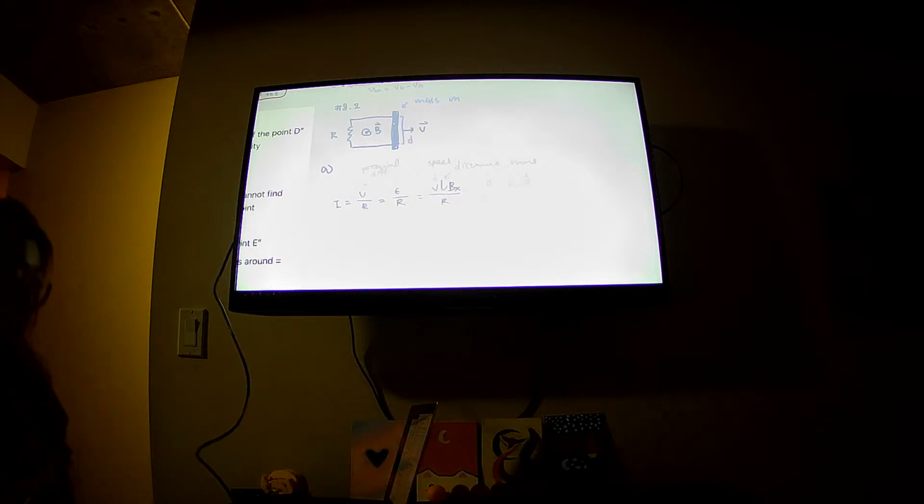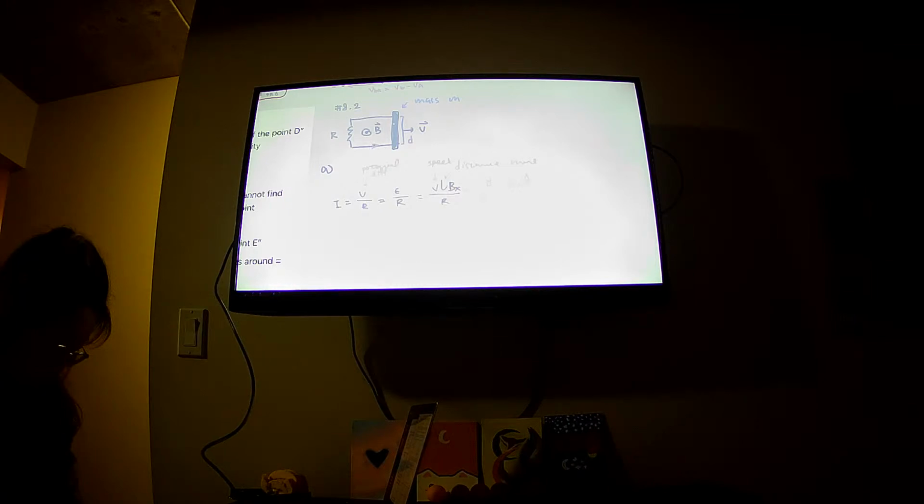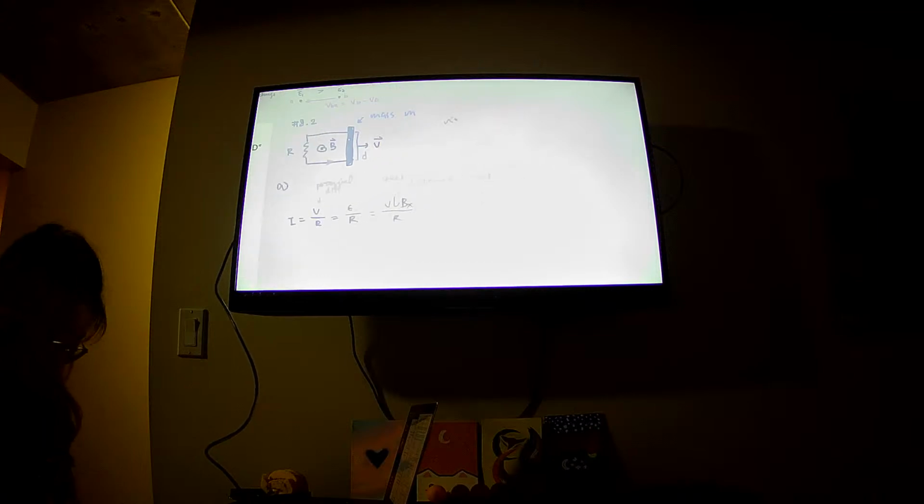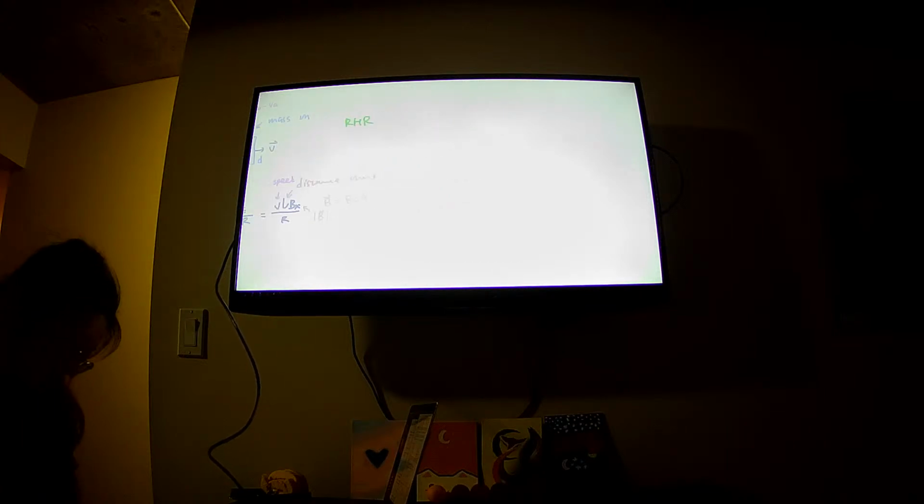It would be going this way. Wait, how would you do that? Right hand rule, and then opposite. Why is it counterclockwise? No, sorry, the induced current would be counterclockwise, but this is the other induced current. The right hand rule means the induced field is opposite: your fingers curl along the current, and the magnetic field points opposite.